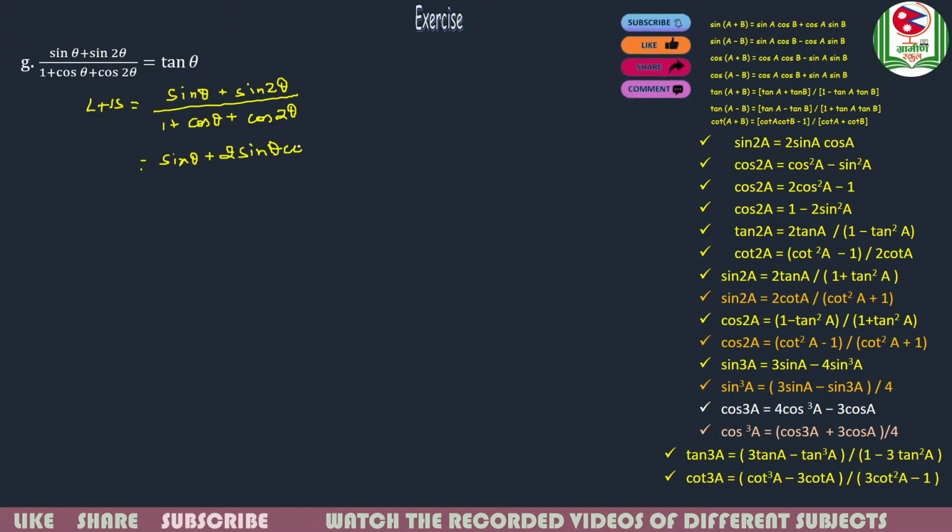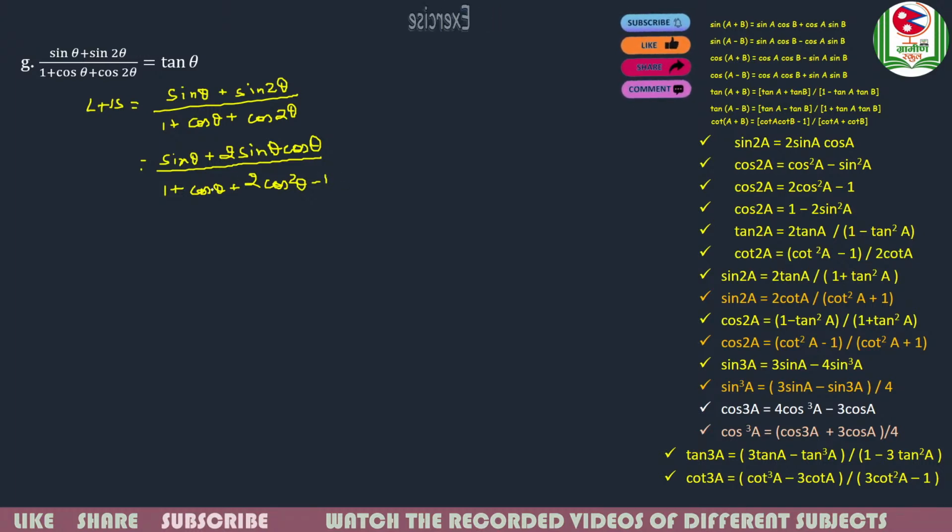The denominator is 1 plus cos theta plus cos 2 theta, and we require the denominator in terms of cos, so we use the formula cos 2 theta equals 2 cos square theta minus 1. So we write 1 plus cos theta plus 2 cos square theta minus 1.